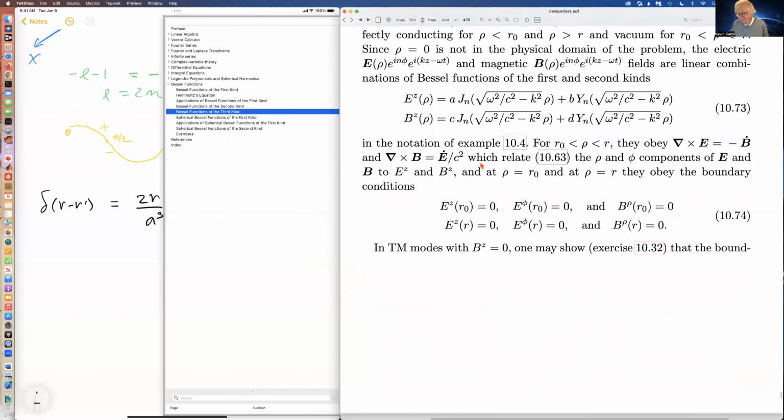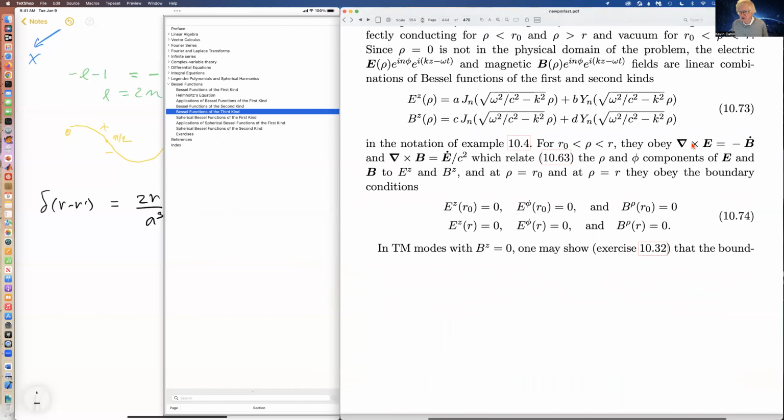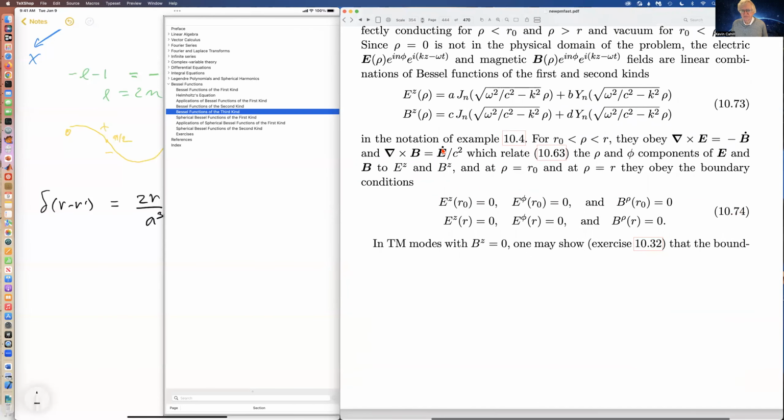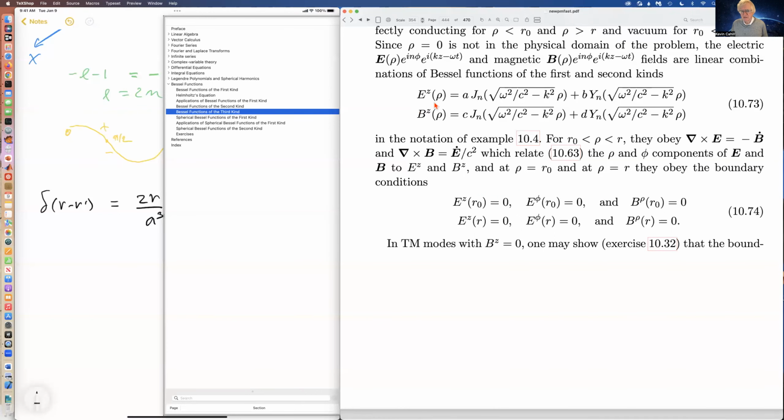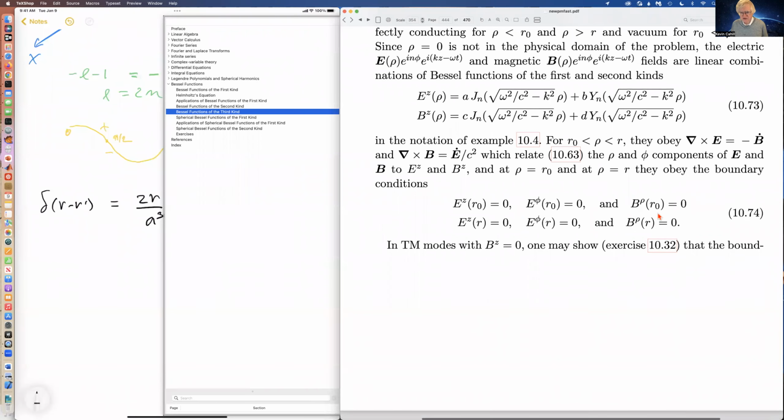And then in the region that's vacuum or plastic or wax or air or something, they approximately obey the vacuum Maxwell's equations, these two equations, and they relate the rho and phi components of E and B to the Z components of E and B. We then have the electric and magnetic field satisfying the boundary conditions that the tangential electric field vanishes on the conductor, and the normal magnetic field vanishes on the surface of the conductor.